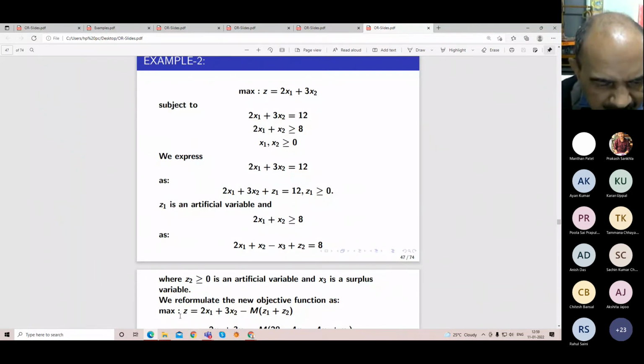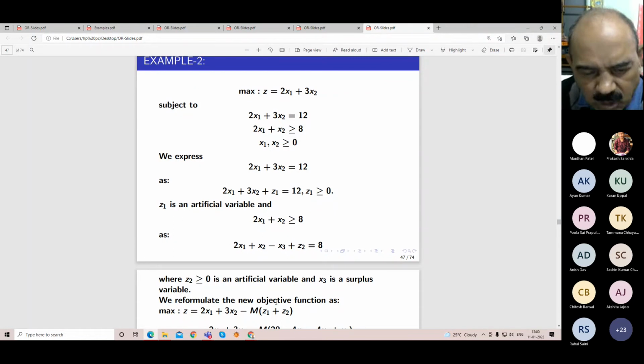So my new objective function is z equal to 2x1 plus 3x2 minus M times (z1 plus z2). What is M? M is a large positive number. Now see, z1 and z2 are generally non-negative.